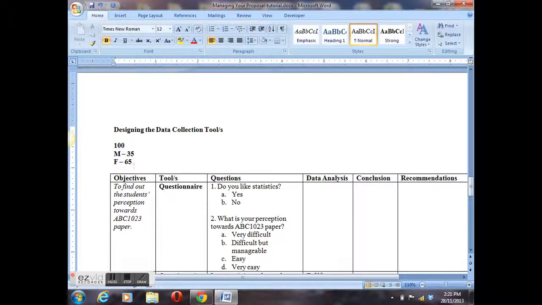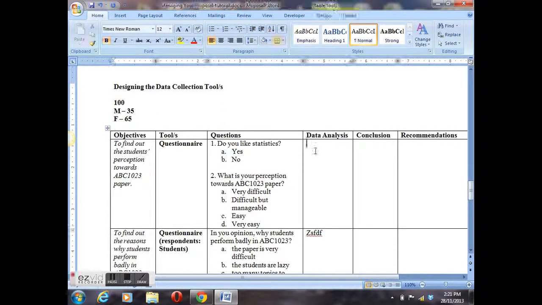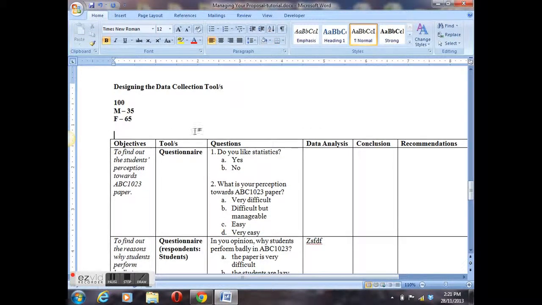In this class of 40 students, we have only 10 male students, and a few of them are missing today. So these are the respondents, and based on this, we are going to analyze. Here we look at the first question: do you like statistics? Yes or no? So this is question 1.